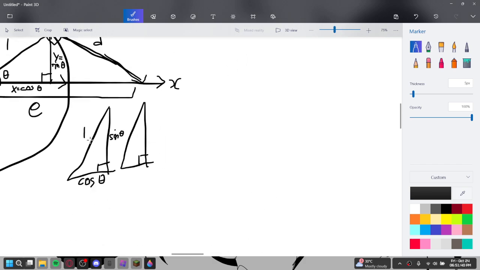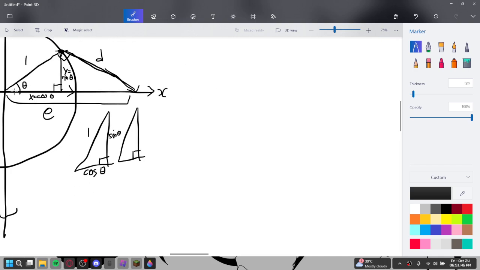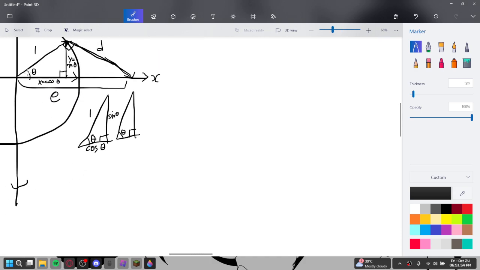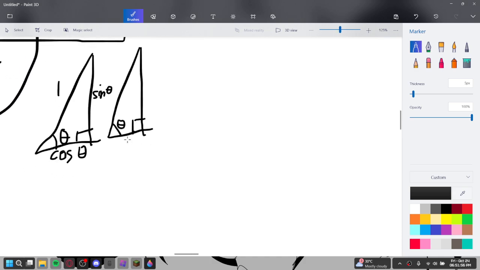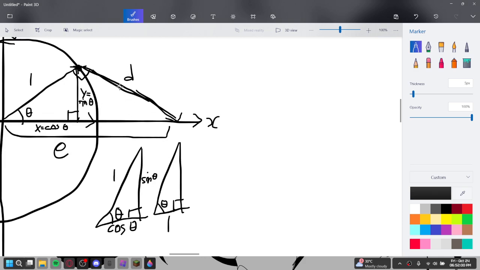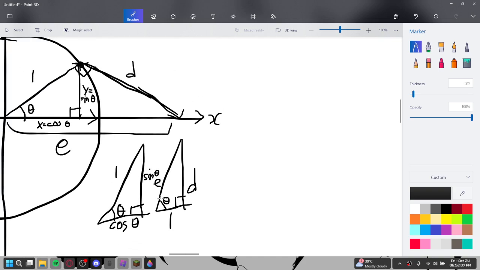And here we have 1. Now from here we know that this here is just 1. This one is touching angle theta. So this here, it's touching angle theta and the right angle here, so this is 1. And this here is just only touching the right angle, so this is D. And we have E here as our hypotenuse.